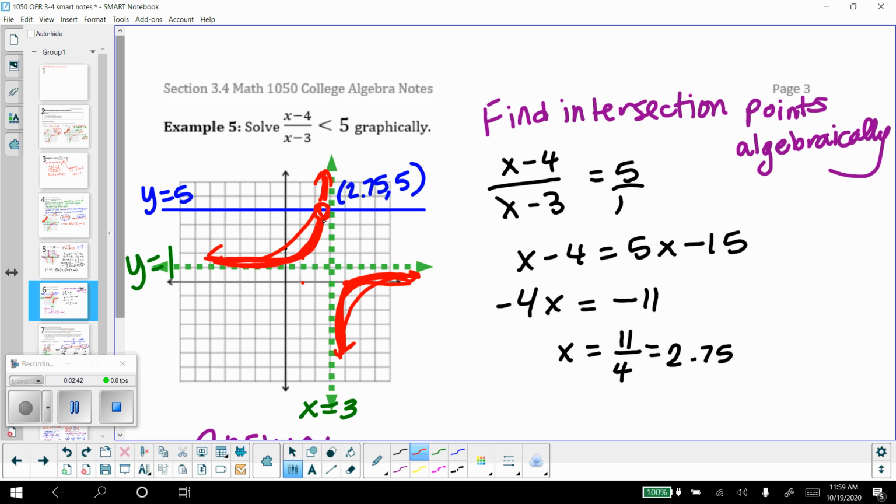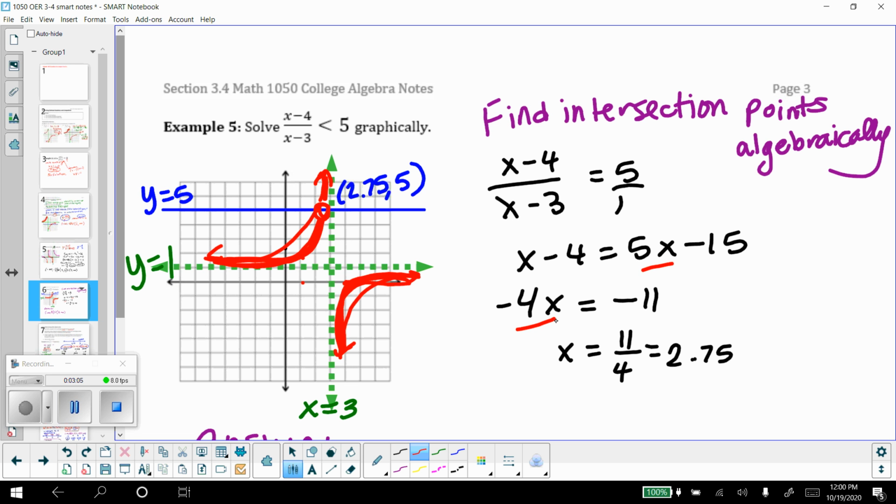Okay, so to find the point where they intersect, we just take the problem equal, we cross multiply. So we have x minus 4 on one side, 5x minus 15 on the other side. When we distribute the 5 through the x minus 3, move our x's to one side. So when I subtracted 5x, I got negative 4x over here.